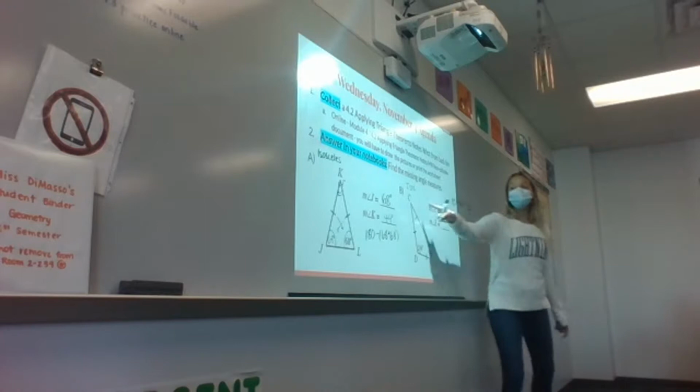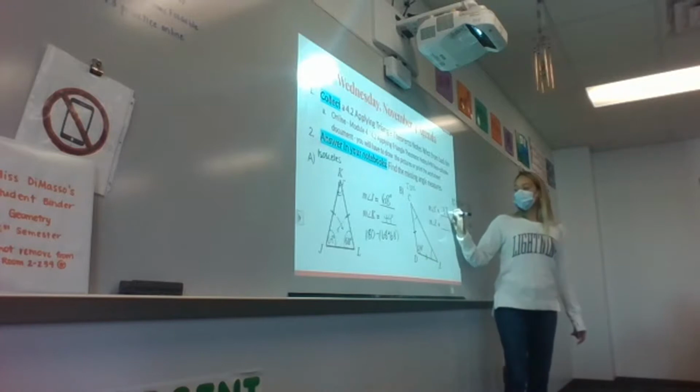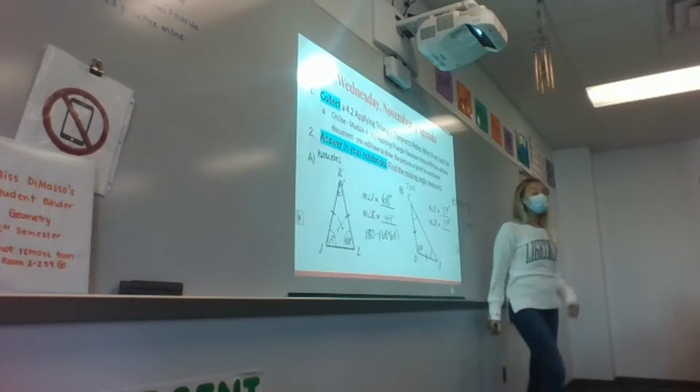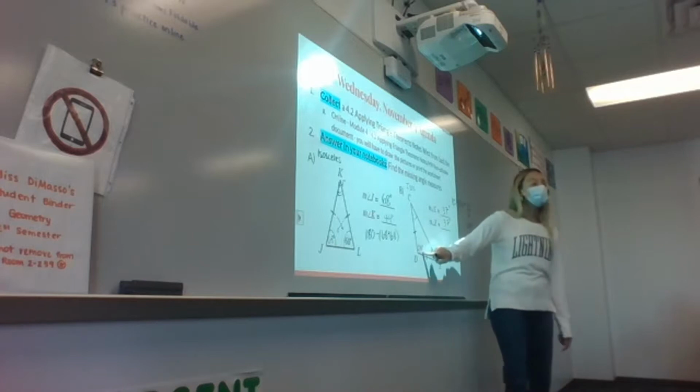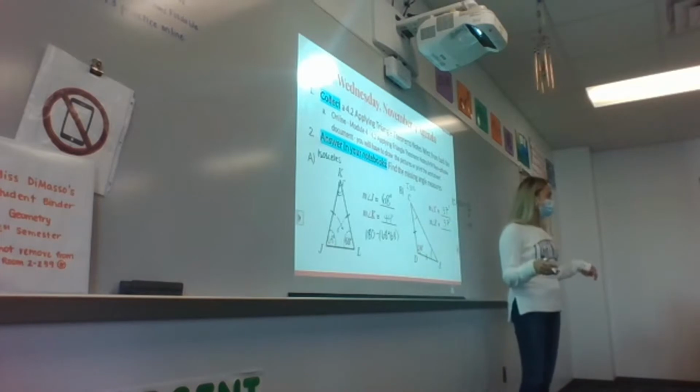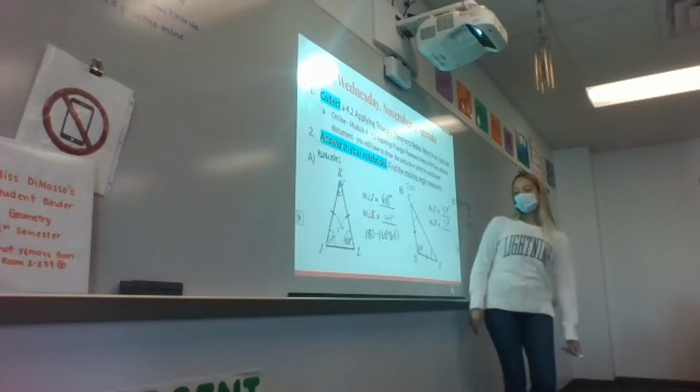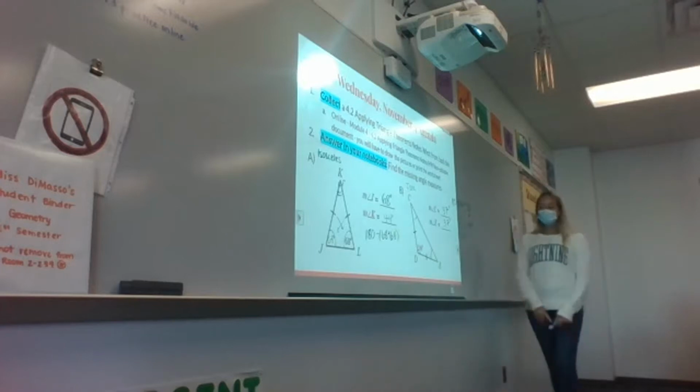Degrees. Good. So angle C is 37 and angle E is 37. And so I can check just to make sure. If I add 37 plus 37 plus 106, what should I get? 180 when I add them all together. Very nice. Okay.